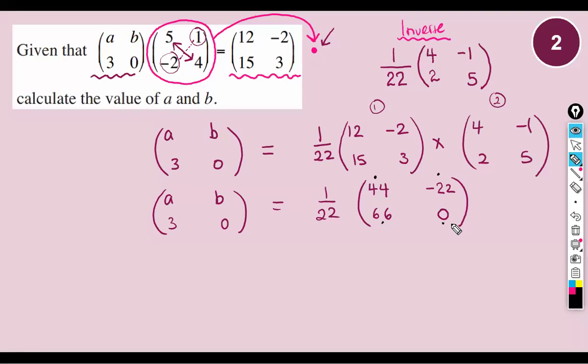Go back through your working and get the answers. A, B, 3, and 0.